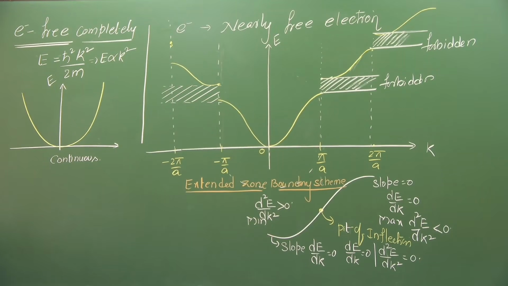So the curvatures are in opposite directions. That's why one is concave, another is convex. That convex part is the maximum, that concave part is the minimum. In the middle there exists a point of inflection. The significance of all those things, tomorrow I will explain beautifully. And tomorrow's class is very crucial. Effective mass, everything will come here.